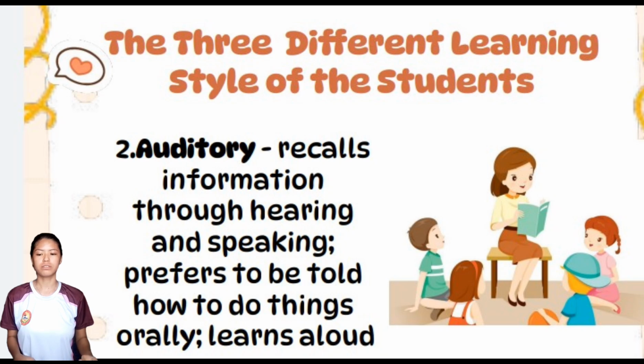So the second one is the auditory learners. They understand better by listening and speaking. They prefer explanations given verbally and learn best through discussions, storytelling, or listening to instructions. They often remember information by saying it or hearing it repeated.